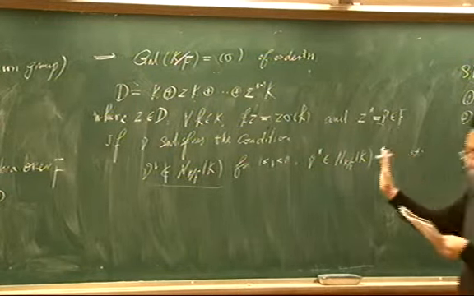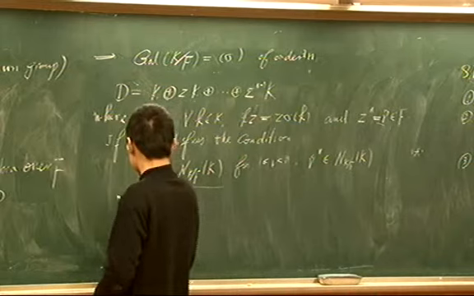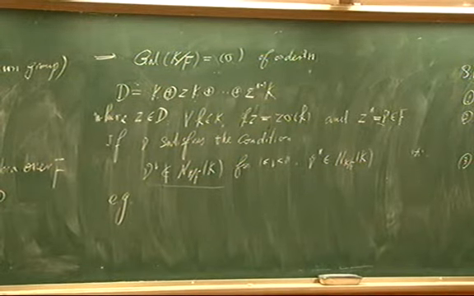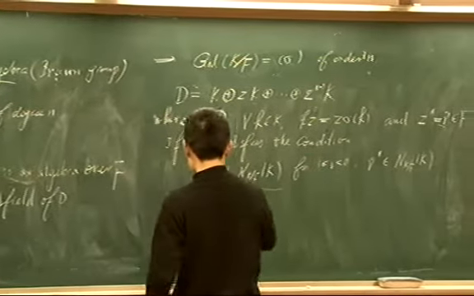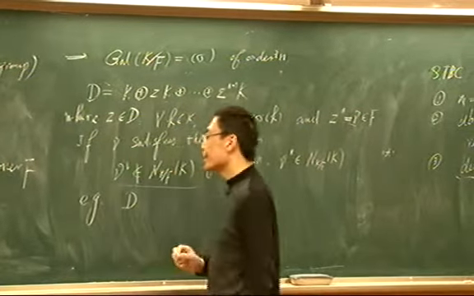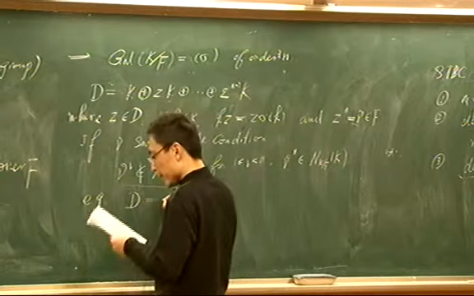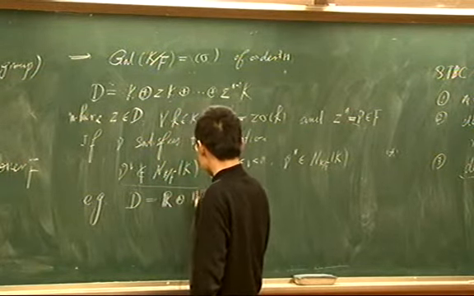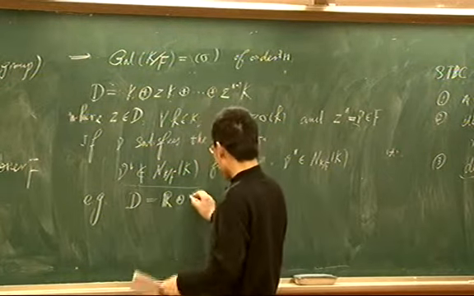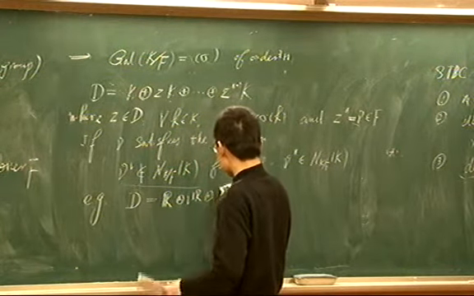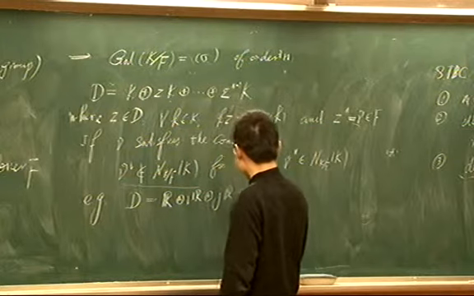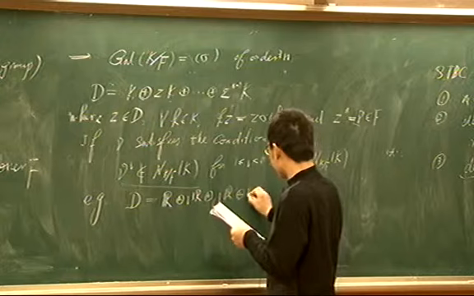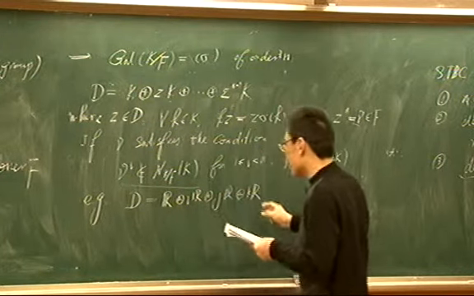Okay, and for this algebra I can give you an example. We know the algebra D is the real quaternions: R plus Ri plus Rj plus Rk.